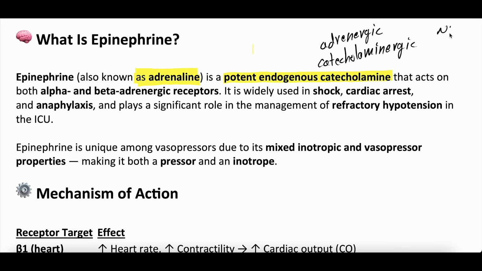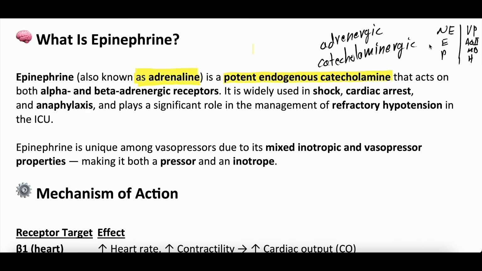Things like norepinephrine, epinephrine, phenylephrine. This is in comparison to non-catecholamine-based or non-adrenergic vasopressors, things like vasopressin, angiotensin II, methylene blue, hydroxocobalamin. Again, all different vasopressors we're talking about in this vasopressor series. But there's kind of two different categories.